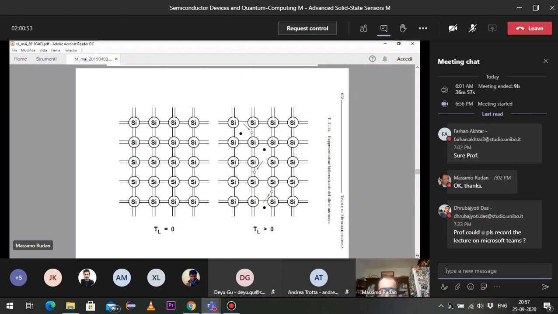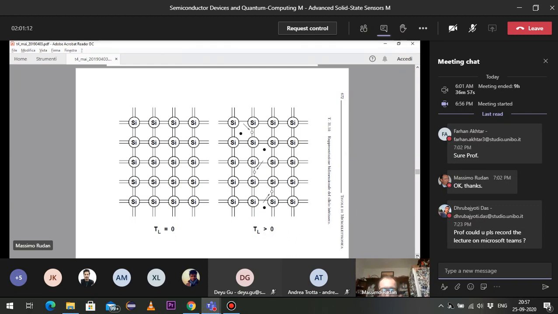If you look at the center of the right part of the figure, you see the arrow. The arrow describes a hole that moves from the upper right position to the lower left position.